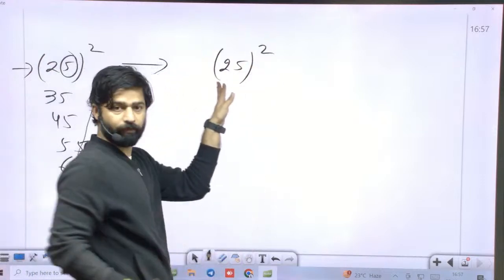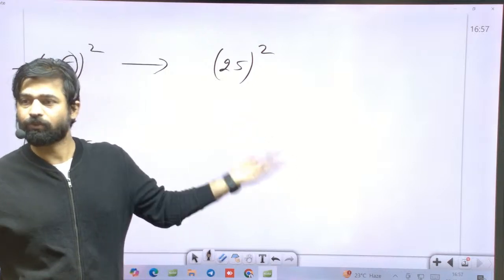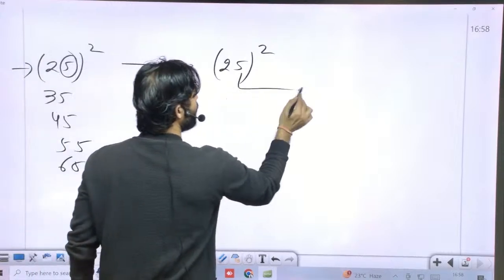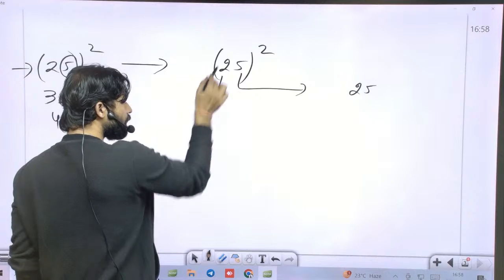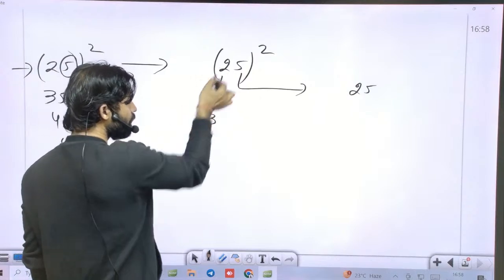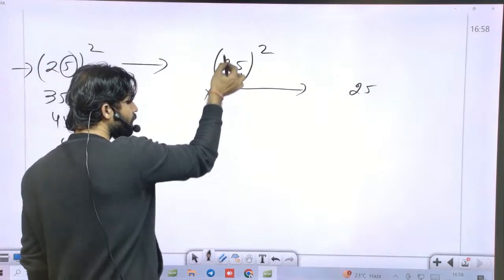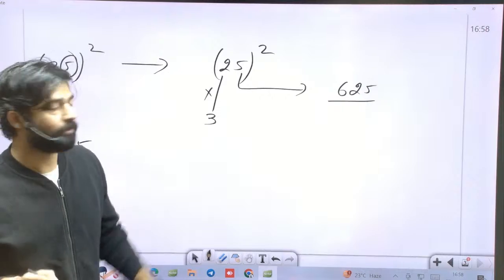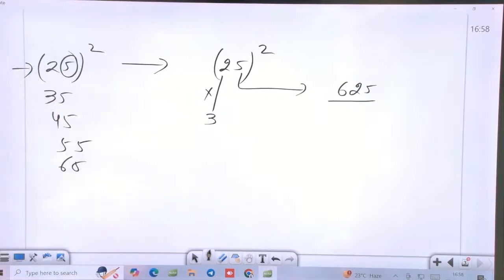As we know, the square of 25 is 625. We take the square of 5, and take the next consecutive number, 2, 3, multiply these two and write the product, 2 into 3, 6. This is for numbers which have unit digit 5.